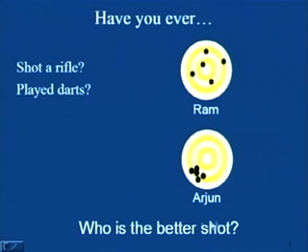When we think about who is the better shot, first we need to understand what we are going to measure. If we see Arjun's points, all the darts are close enough to each other and approximately coming to the same point.